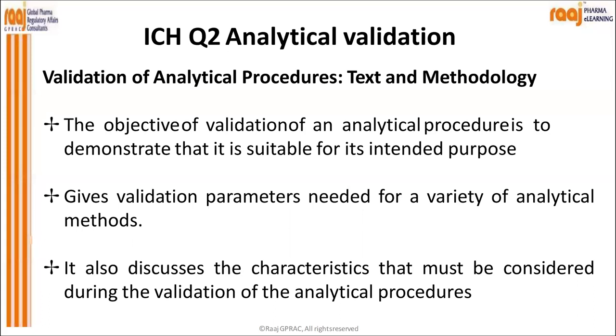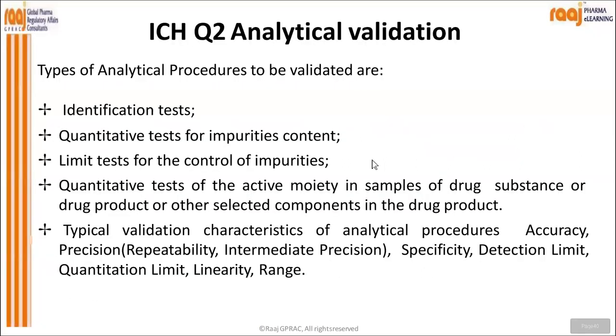Then we come to ICH Q2, which is again analytical validation procedure. So all the validation parameters for a variety of analytical methods are discussed here. These are the analytical test procedures.